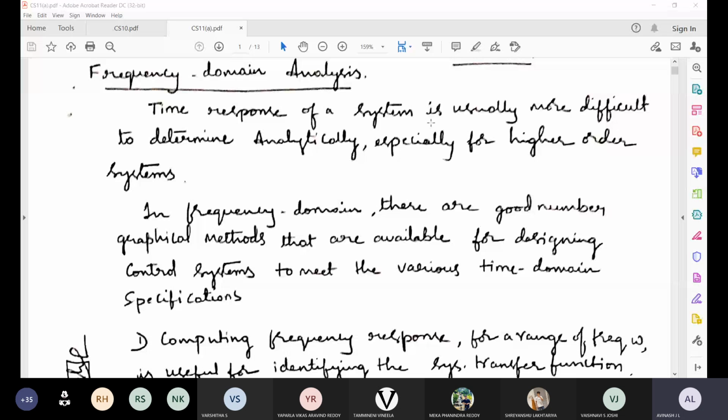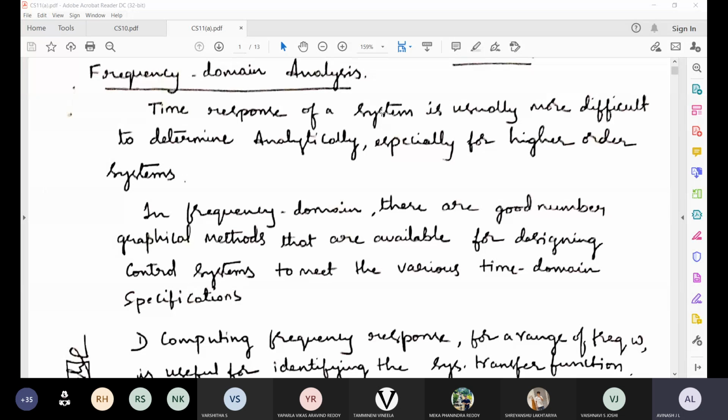When the system gets complex with respect to its order, for a second order system you can plot the root locus, but when it comes to higher order, analyzing the system is very difficult. So the time domain specifications and time domain analysis are very difficult.